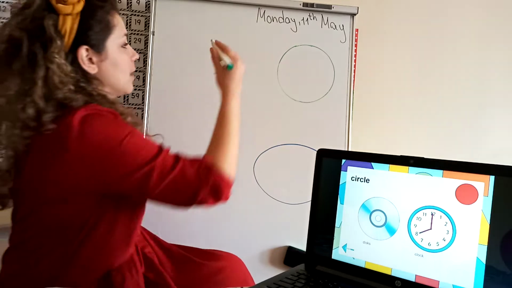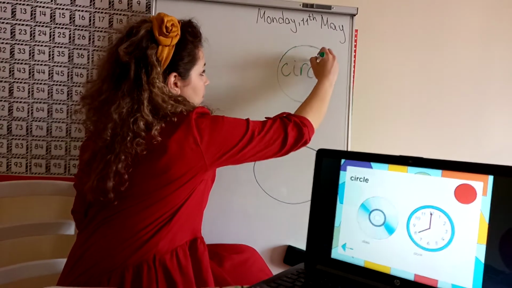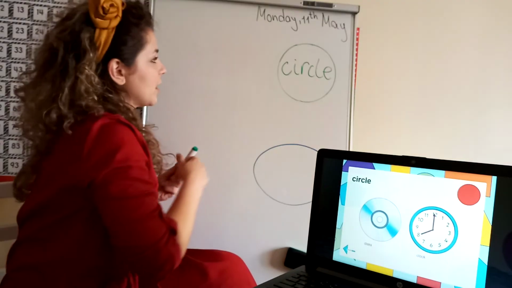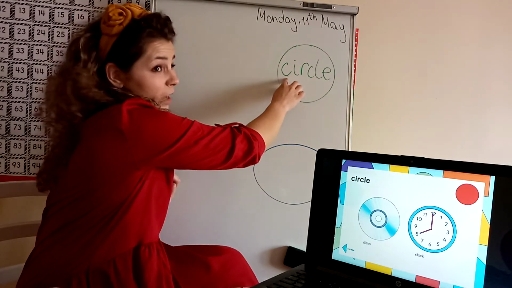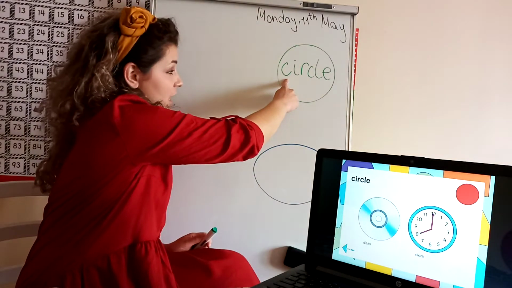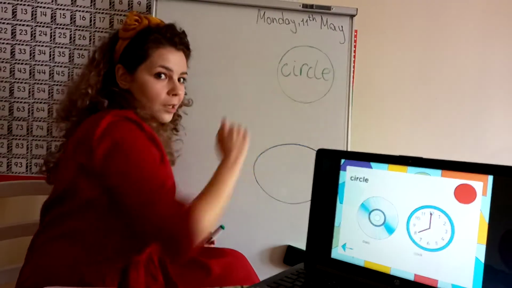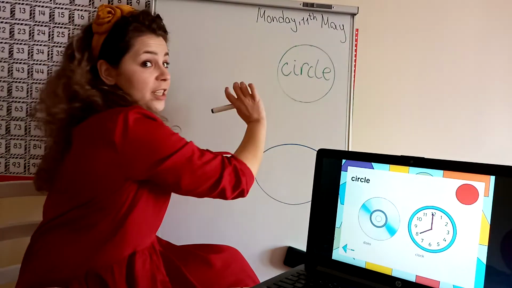So let's see. If you try to sound it out, it's going to be k, but here it is read as k. Oh, circle. It's a bit tricky because the same letter is read differently.